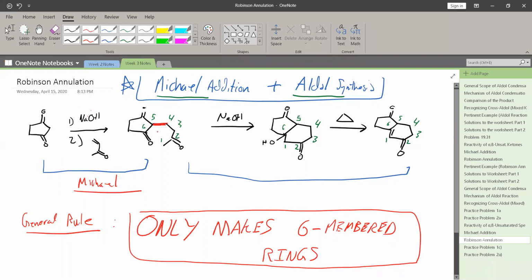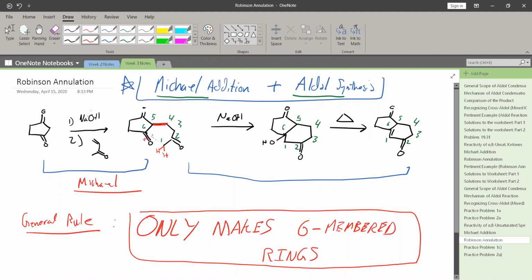The reason I've labeled this 1, 2, 3, 4, 5, and 6, where 1 is always going to be your alpha carbon, and 6 is always going to be another ketone or another carbonyl, is because this combination of these two, with the two H's right here and this C double bond O, we can attach these two and make a new bond between 1 and 6.